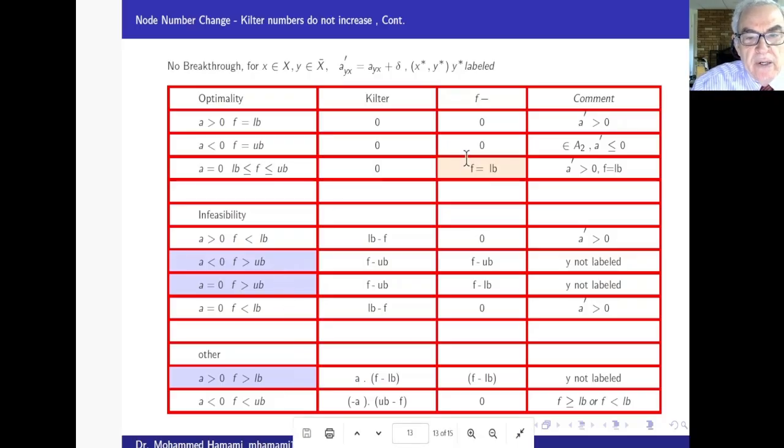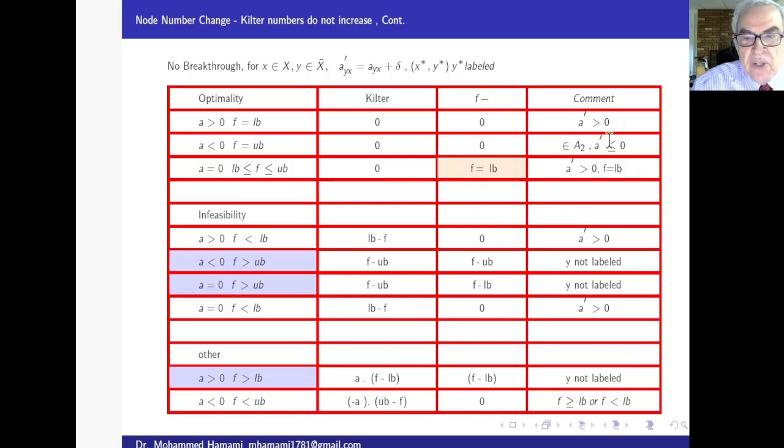And also here, it's similar to the previous one. If F was bigger than the lower bound, I would have been able to decrease the flow and therefore label y. So here also, F has to be equal to the lower bound. Okay, and then the rest is similar. In case of F, before we had A1 here.